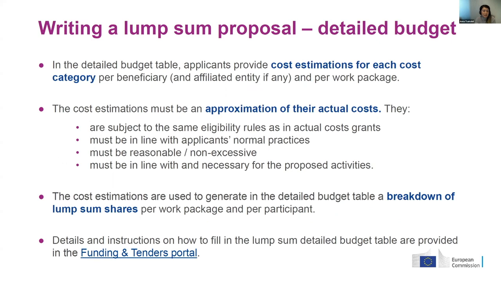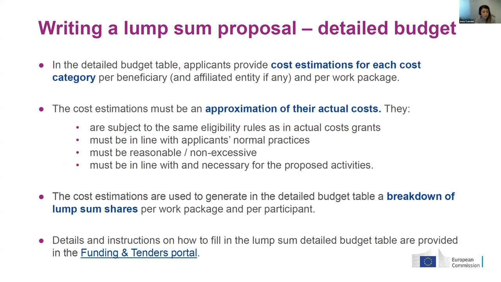So in the detailed budget table, applicants provide cost estimation, as mentioned earlier, for each cost category per beneficiary and affiliated entity, if any, and per work package. The cost estimations must be an approximation of the actual costs, and they are subject to the same eligibility rules as in actual cost grants. They must be in line with applicants' normal practices.